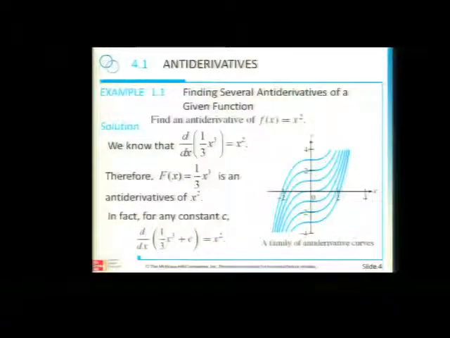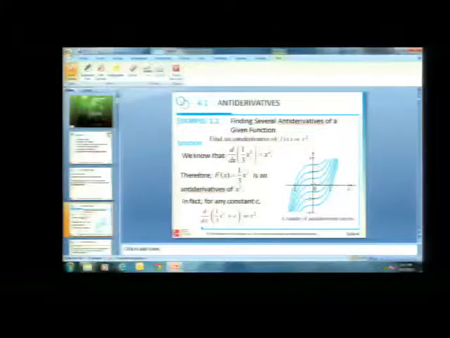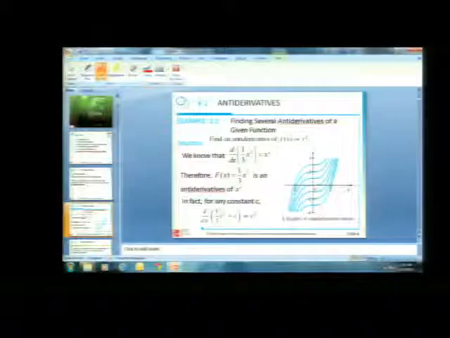And this diagram shows the family of the antiderivative for x squared. Each curve corresponds to a different value of c, but all of them conform to this function, 1/3 x cubed plus c. For example, this one, of course, corresponds to c equals 0.